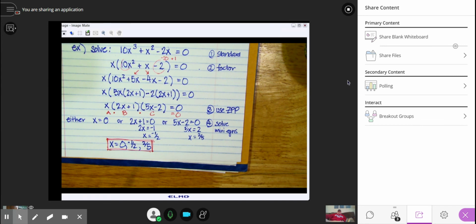And just for the record, if that was an x to the 5th power, that means we could have as many as 5 solutions. But we're not going to do all those right now. We're going to concentrate on 2s, and we're going to throw in a 3 every now and again.